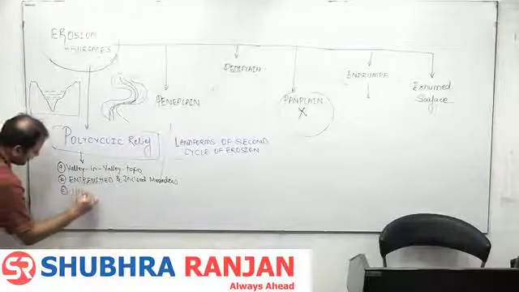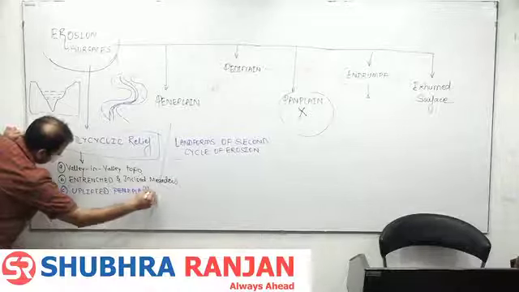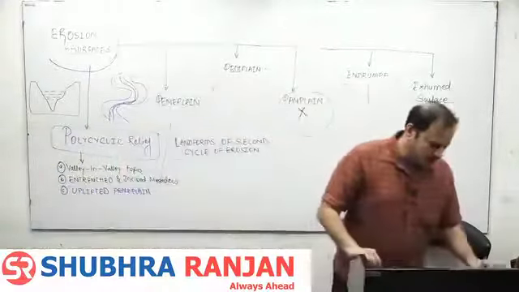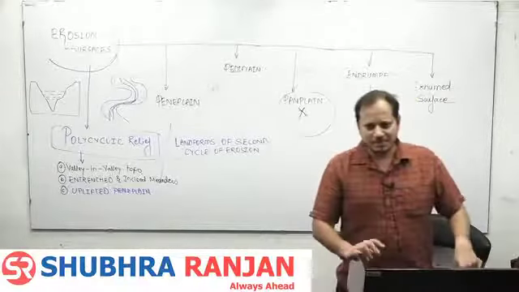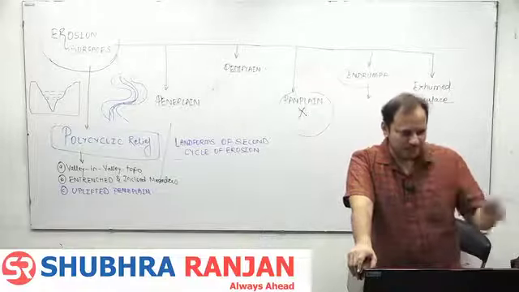You will understand all this. Peneplain is always nearer to the sea level, but when the peneplain is at a higher level, then it is known as an uplifted peneplain.